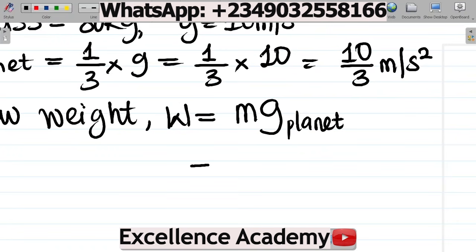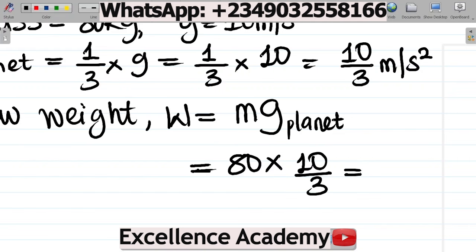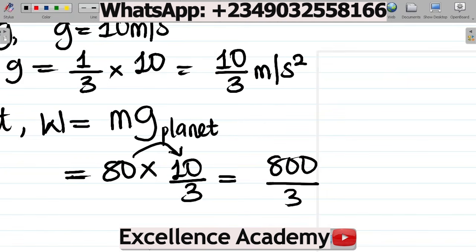And that's equal to, the mass is 80, times the gravity of the planet, 10/3. If you multiply this, the first thing you have here is 80 times 10. 80 times 10 gives you 800. Now 800 divided by 3, so 800/3. If you punch 800/3, your value there is 266.